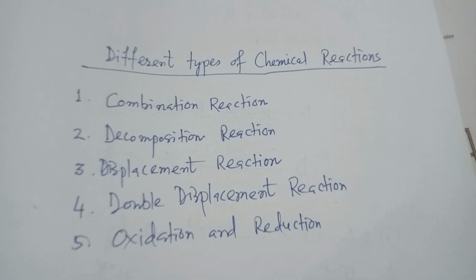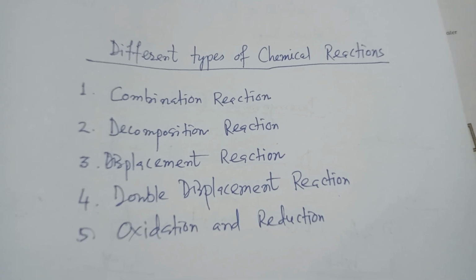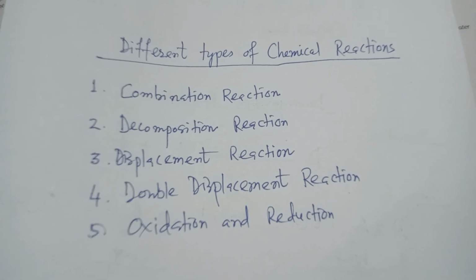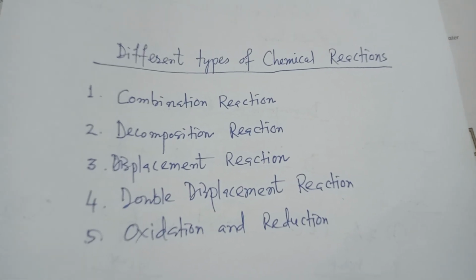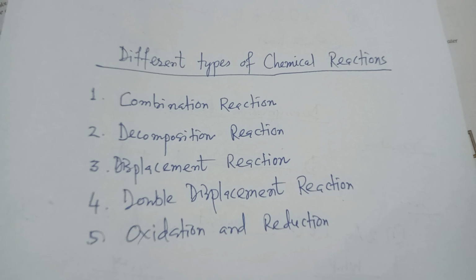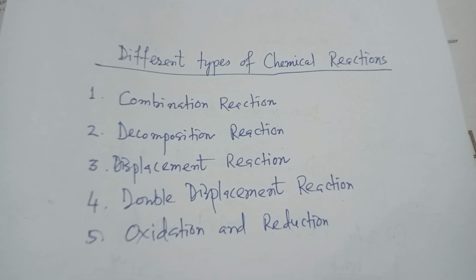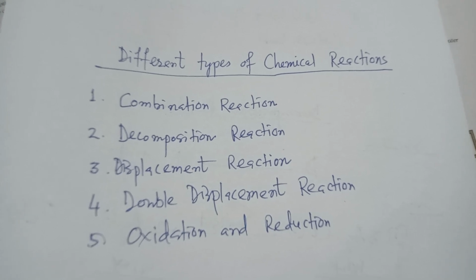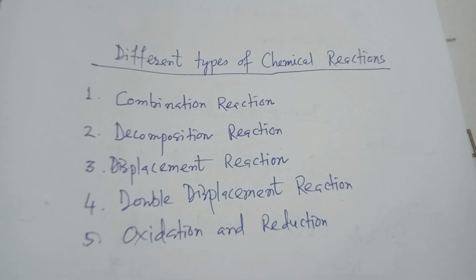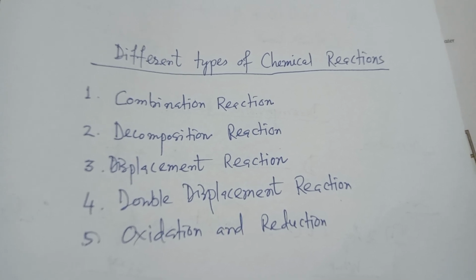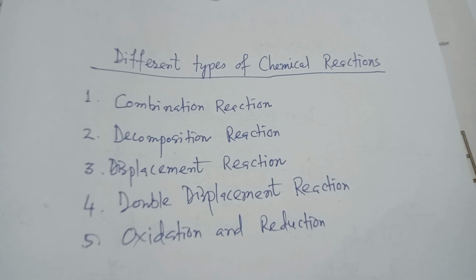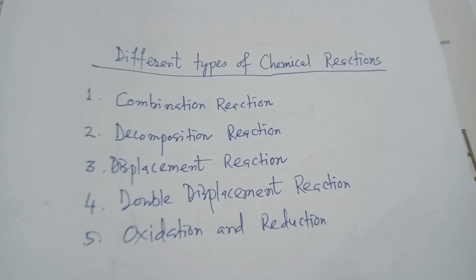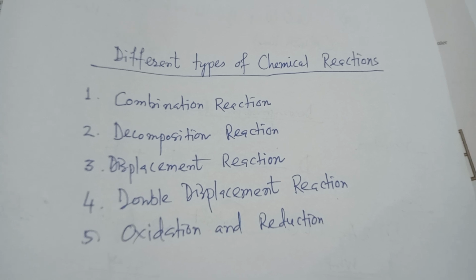Accordingly, we have 5 different types of chemical reactions. The first one is combination reaction, second is decomposition reaction, third is displacement reaction, fourth is double displacement reaction, fifth is oxidation and reduction. We will discuss all 5 types of reactions in the next video.